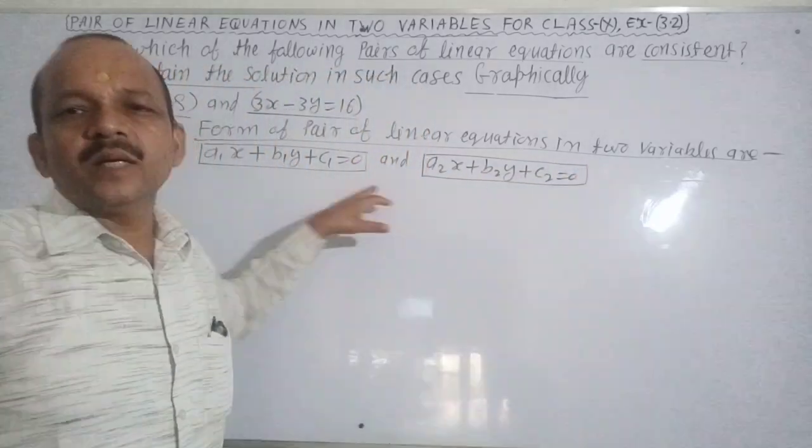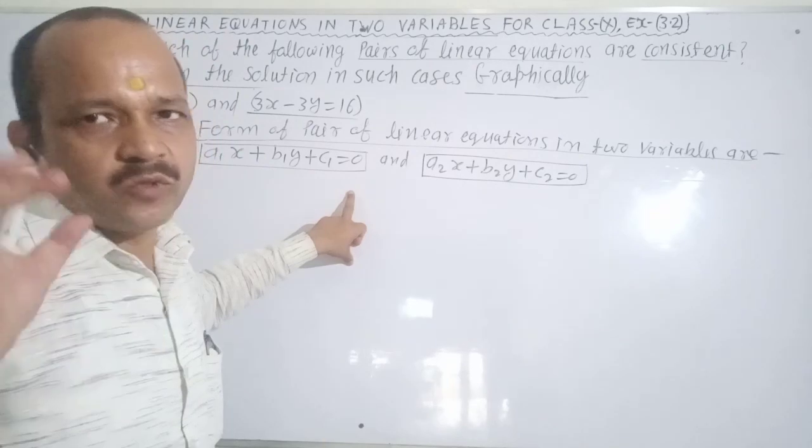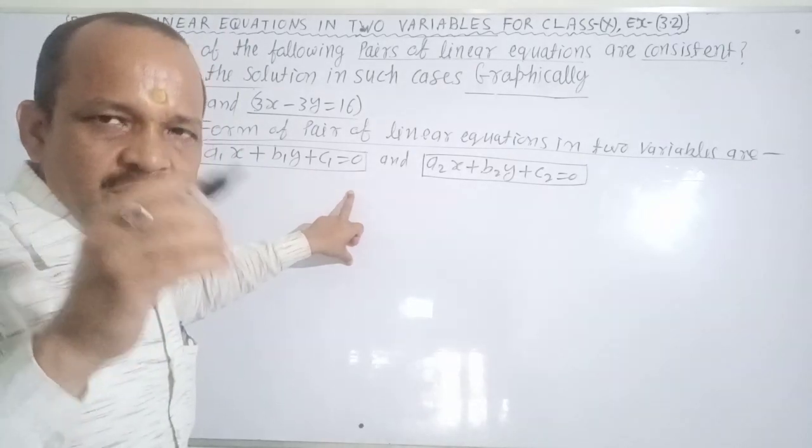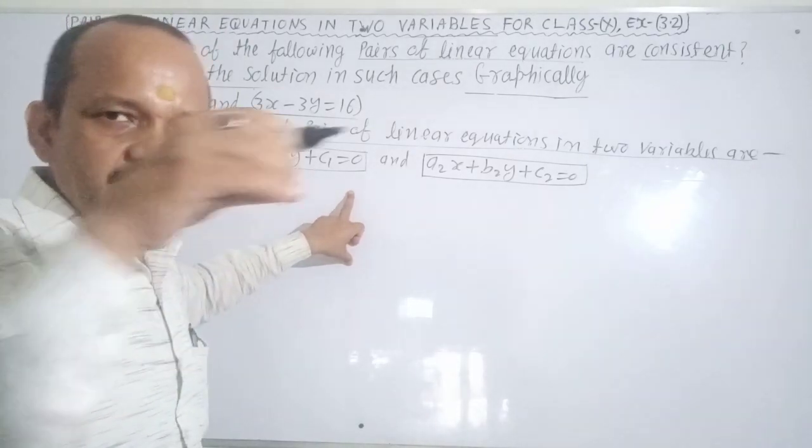It is the form of pair of linear equations in two variables. Clear? Firstly, we find two solutions of each equation.